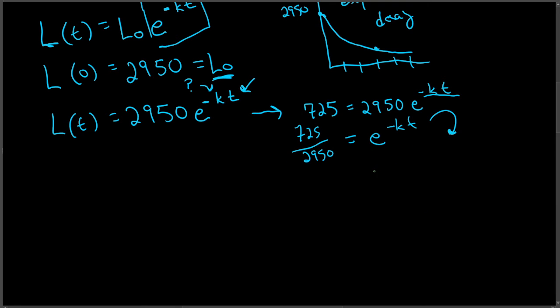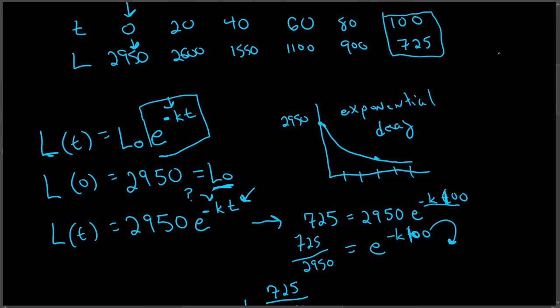Part of what we studied in the first chapter was manipulating exponents by using natural log. So I'll take the natural log of the ratio of my initial value and the value at the time I'm looking at. Oh, and I should say we're looking at this at time is 100, because we specifically put 100 in there. We're looking at 725, which, if we look back up the graph, was when t equals 100.